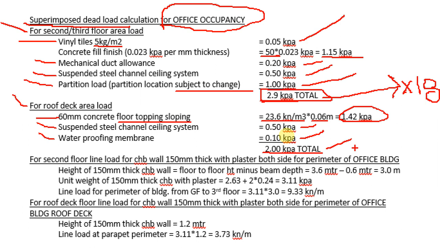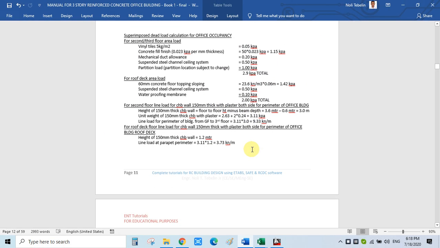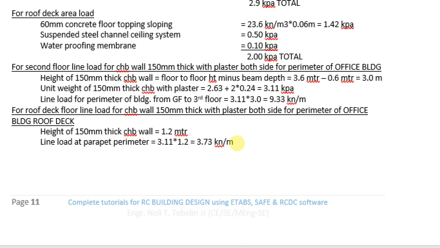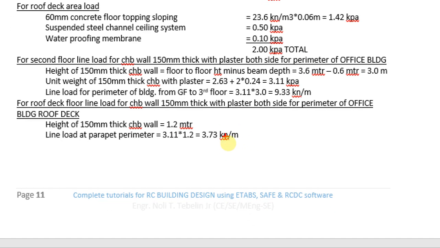Area load. Then, for example, we will have a CHB for the perimeter of the building. Kukumpute natin yung line load ng CHB. For example, I have 150 mm thickness with plaster both sides. So, ang floor-to-floor height ko is 3.6 meter.